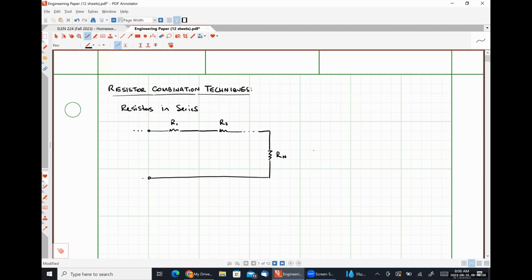Because this network of series connected resistors is part of some greater circuit, we should expect to see some total voltage drop across all of the resistors, V, because again, a voltage is nothing more than the potential difference between 2 points in a circuit. And my 2 points that I've defined here are the terminals of this series resistor network.